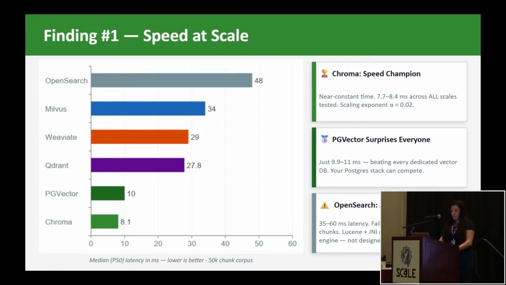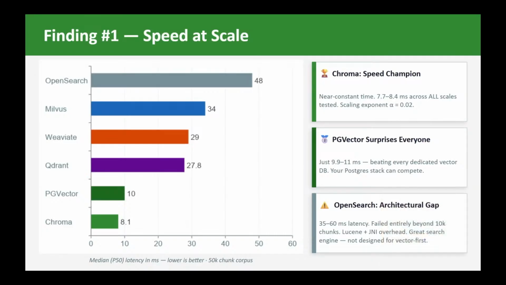Milvus is worth noting too. It's the only system we validated all the way to 2.2 million chunks with full n equals 10 rigor. It's slower at 50K, but it keeps working reliably at scales that HNSW systems can't reach. OpenSearch shows 35 to 60 millisecond latency, and it failed to complete testing beyond 10K chunks due to timeouts.